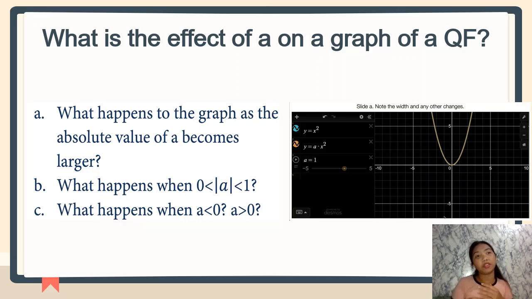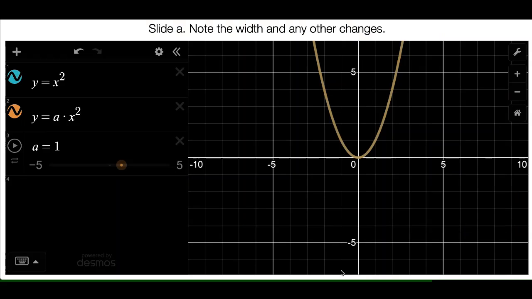We all know that if a is less than 0, that is, a is negative, the graph opens downward. If a is positive, or a is greater than 0, the graph opens upward. But let us see the effect on the graph of values greater than 1 or less than negative 1.